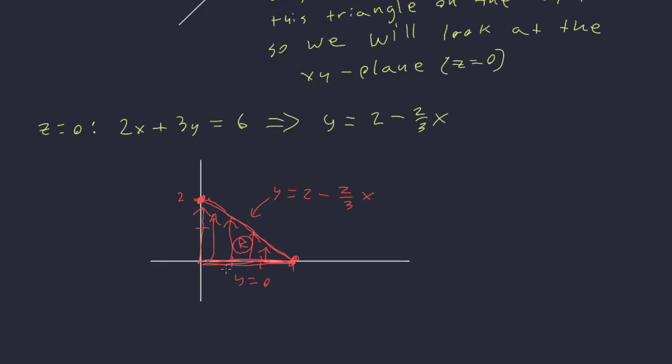So this is our bottom, this is our top, and our x's range from 0 to 3. The limits are x goes from 0 to 3, and y goes from 0, which is the bottom, to 2 minus 2/3 x, which is the top. Now we're almost done.